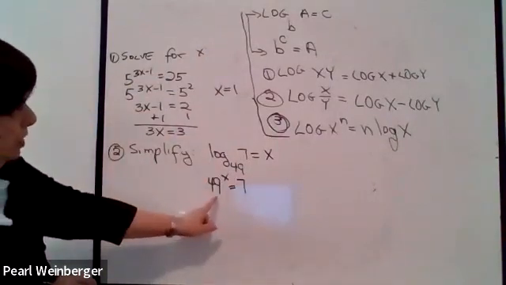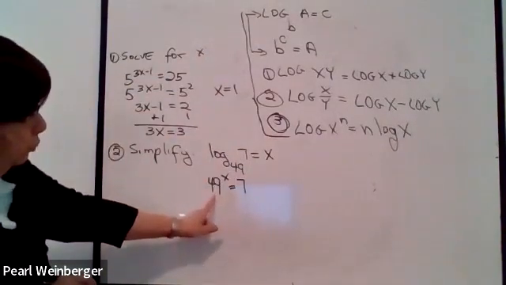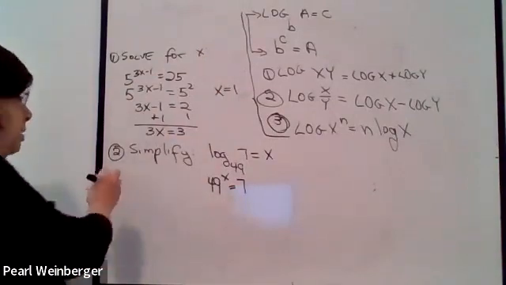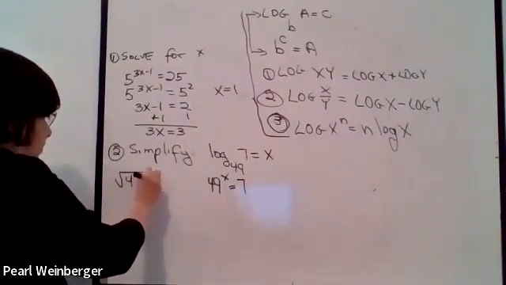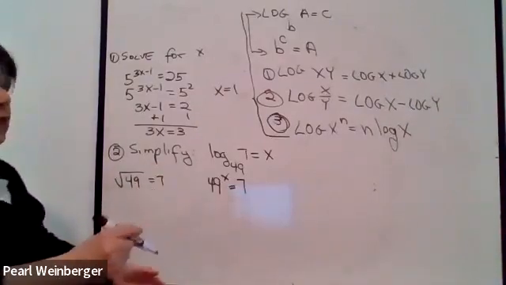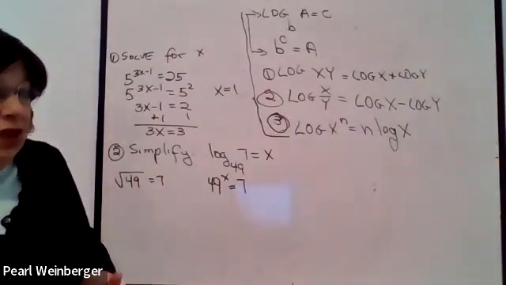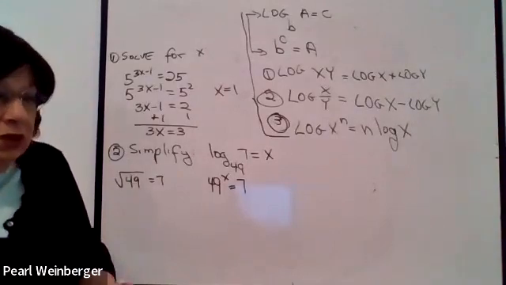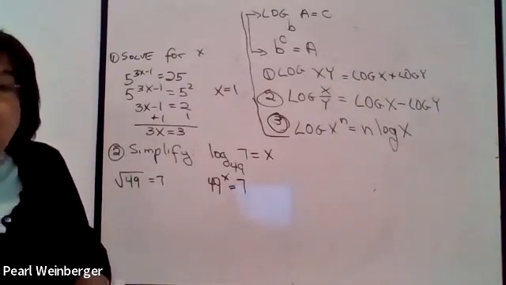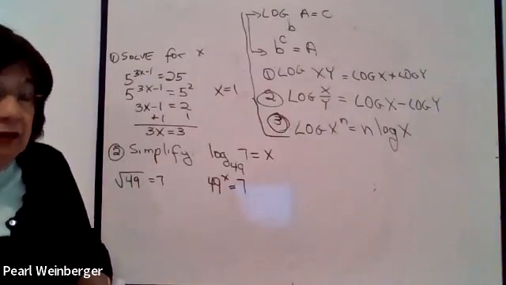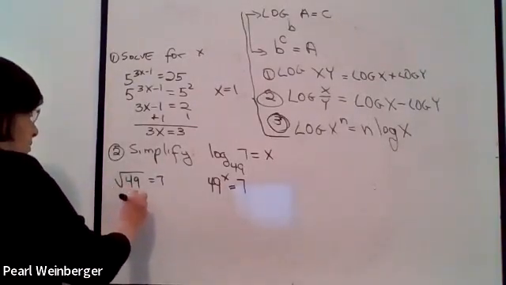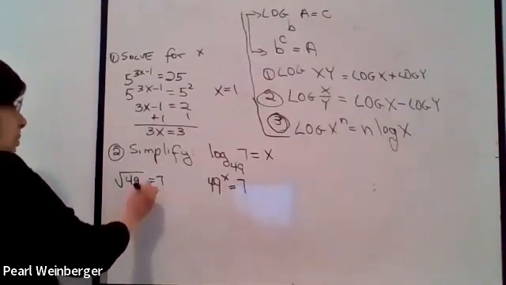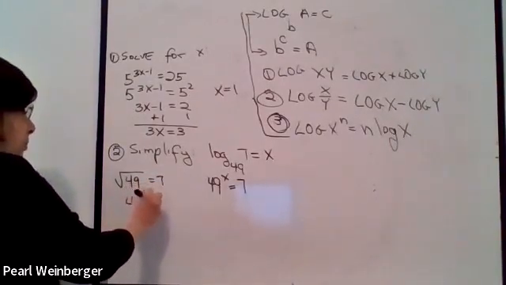Now we do know what the relationship is between 49 and 7. We know that the square root of 49 is 7. But as I mentioned, in this chapter, we don't use radical signs. Instead of radicals, we use exponents. And the way we indicate the square root is by using the 1/2 power.